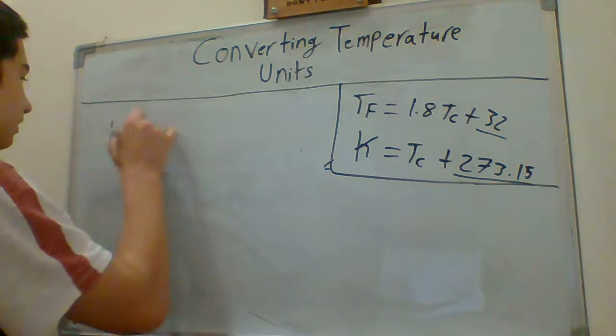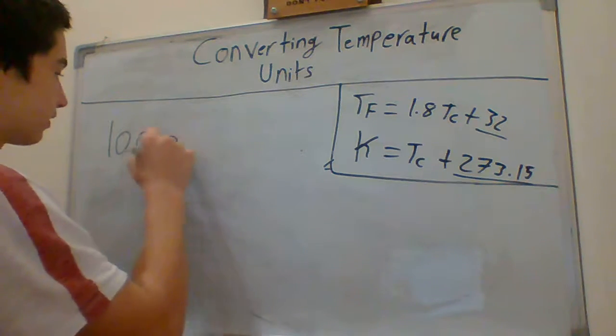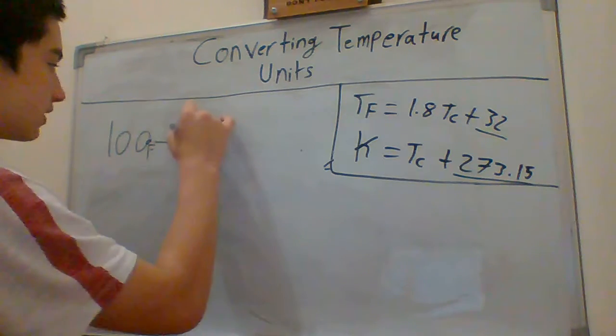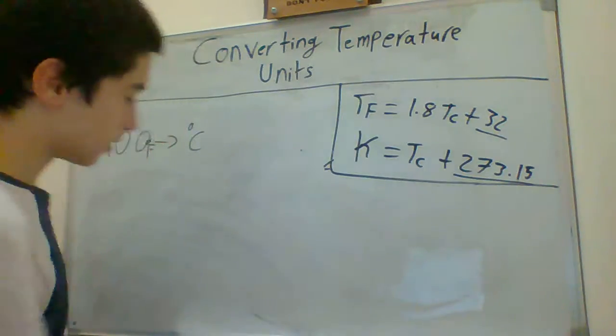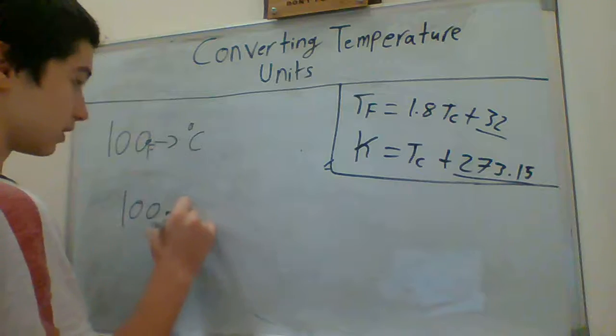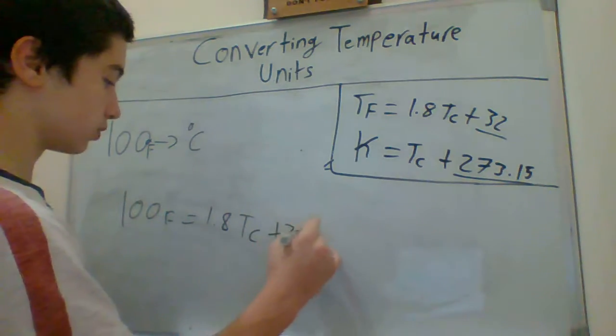We want to convert that into Celsius. Let me write the unit here, F with a degree sign, and here you have Celsius. So which equation are we going to use? You write the TF equation. We write 100 Fahrenheit equals 1.8 TC plus 32.